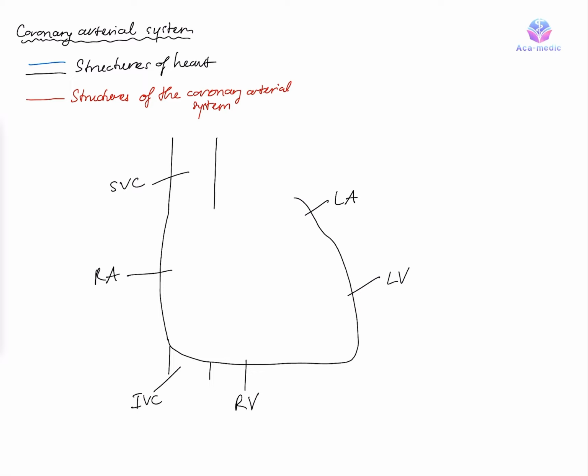All right, and now through here, you're going to have an artery that runs diagonally at the front of the heart and then divides into two. This is the pulmonary trunk, and it's going to divide into the right pulmonary artery and the left pulmonary artery. Okay, and then finally, we are going to draw out the aorta.